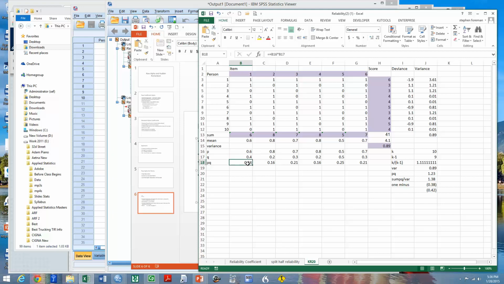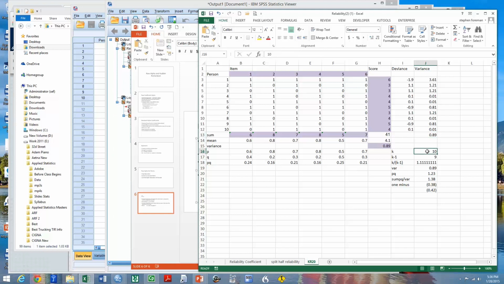So that's PQ, or the variance, for each of these items. We also get a mean and a variance for each of the people, and develop a variance.